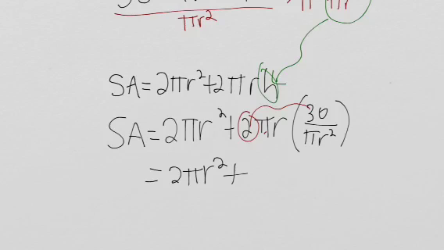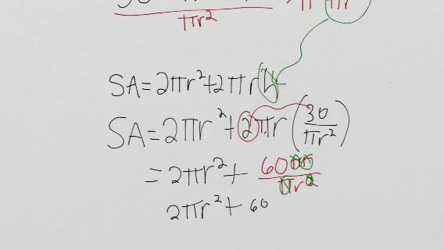So we get 60 pi r over pi r squared. The pi's cancel, and one of these r's cancels, but it leaves one of the r's down there. So our final equation is going to be 2 pi r squared plus 60 over r.